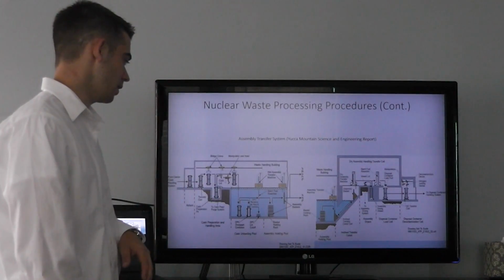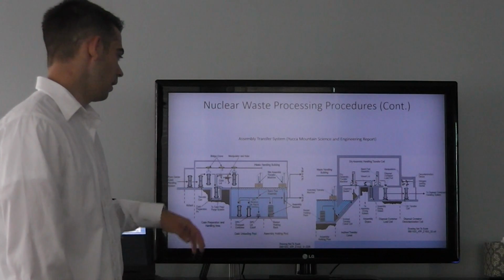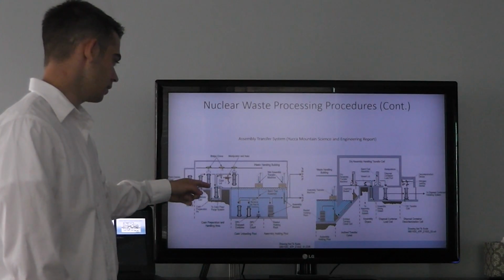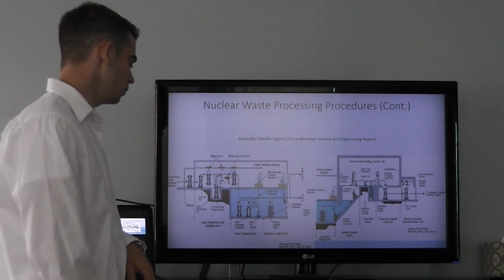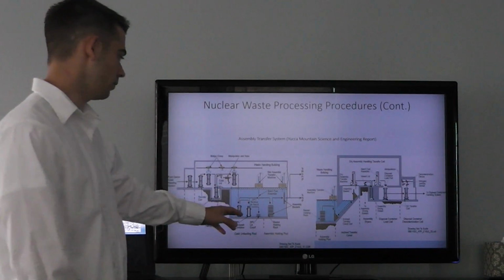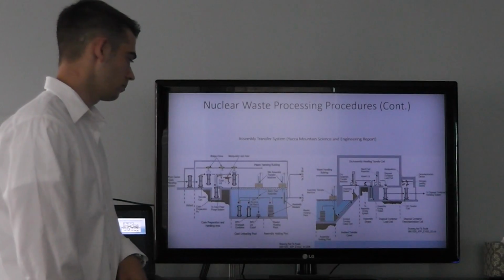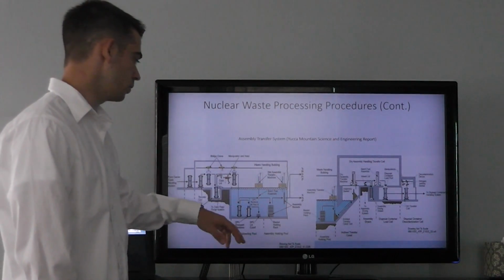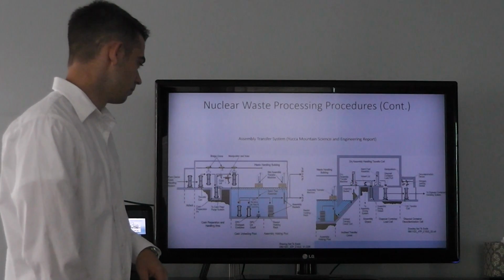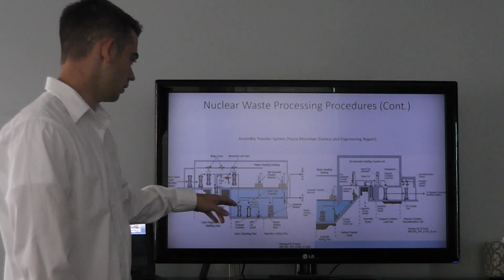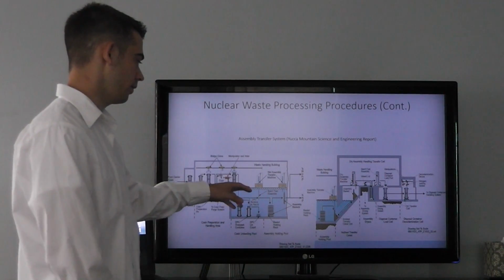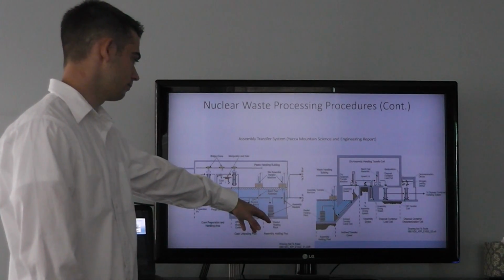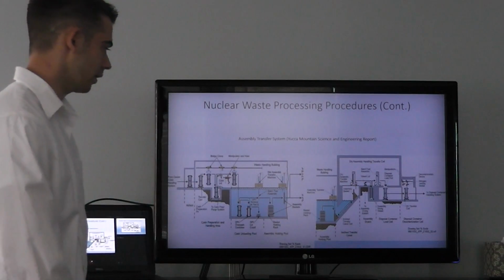Next is the assembly transfer system. Essentially, same thing: there's an airlock. It'll have the cask lid removed. The cask will get moved to a pool of water. We'll have the lid removed, the inner lid, and then from there the different fuel assemblies are placed in a holding rack.